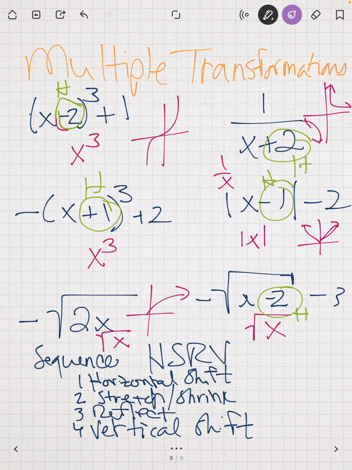Picking a different color. A stretch and shrink, remember that's when we have something on our, where does that number appear if we have a stretch or a shrink? Well, it's either going to be in front of our function or in front of our x value. So we have one here, and that's the only one we have.